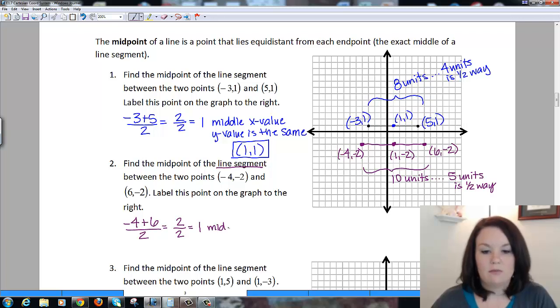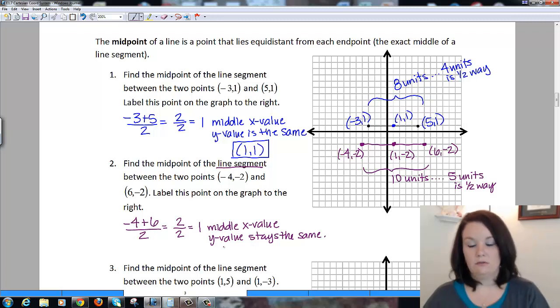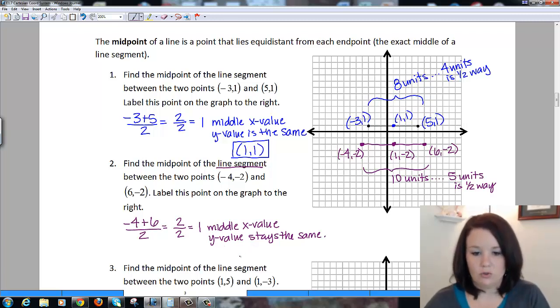Okay, so this is my middle x value. Okay, and again, my y value stays the same because it's on the same line. So my y value stays the same, which is -2. So I get the point 1, -2.